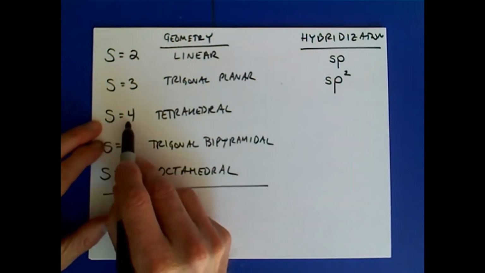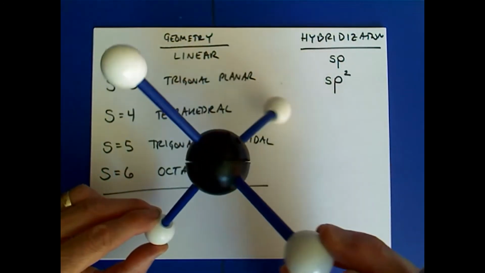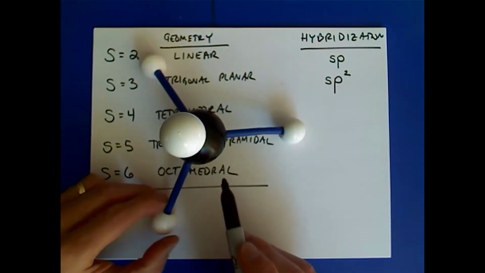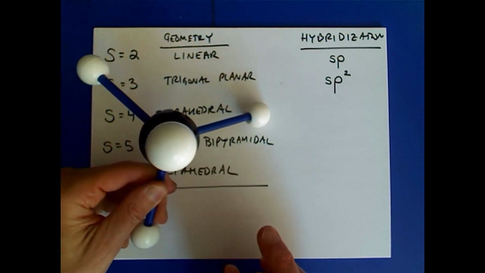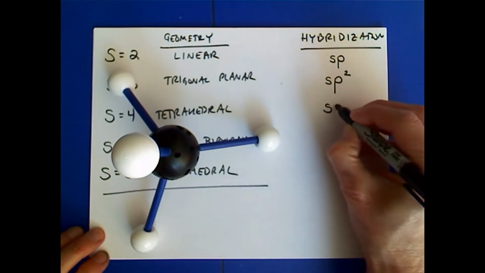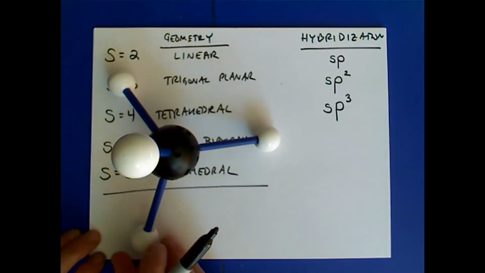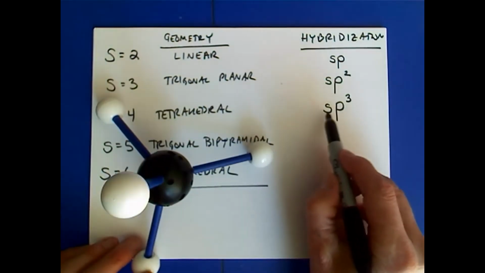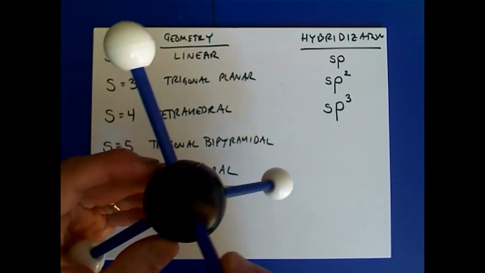If the steric number is 4, we end up with a tetrahedral arrangement of electrons around the central atom. In order to achieve that tetrahedral arrangement, the central atom needs to have one of its s orbitals and 3 of its p orbitals mix or hybridize to form what we call an sp3 hybridized arrangement on our central atom.